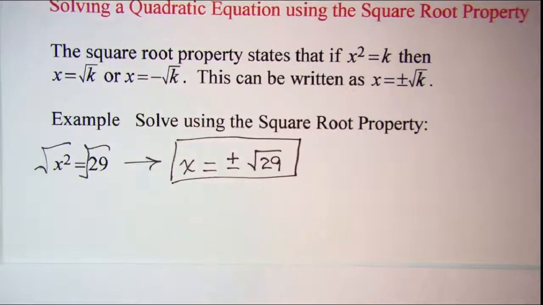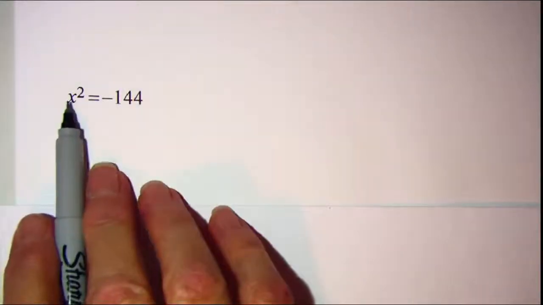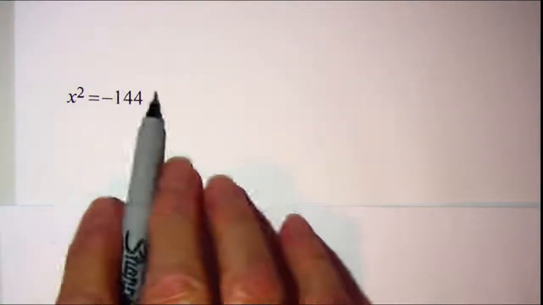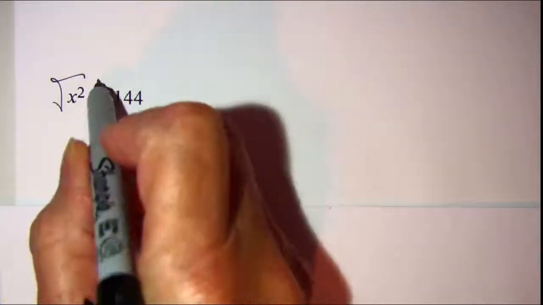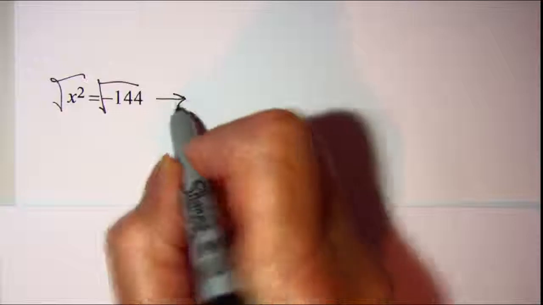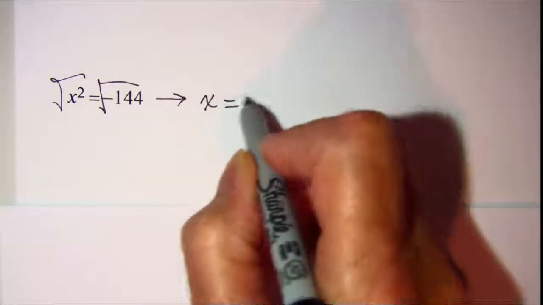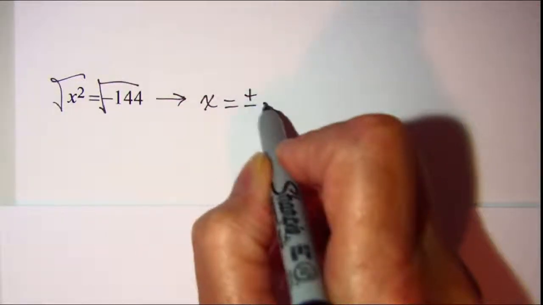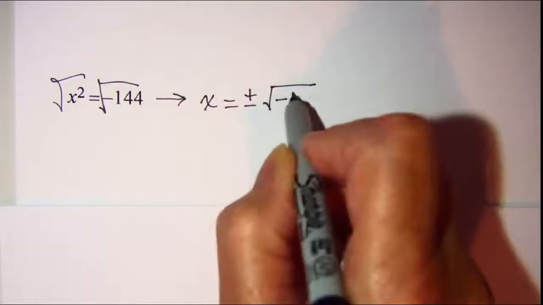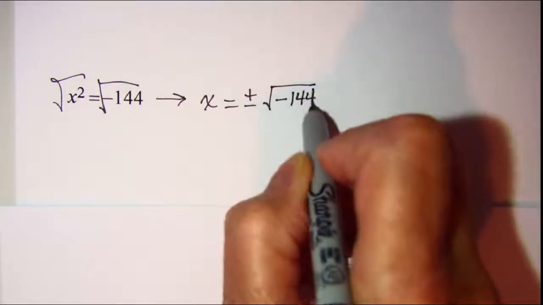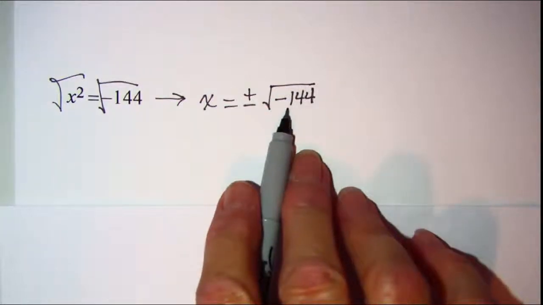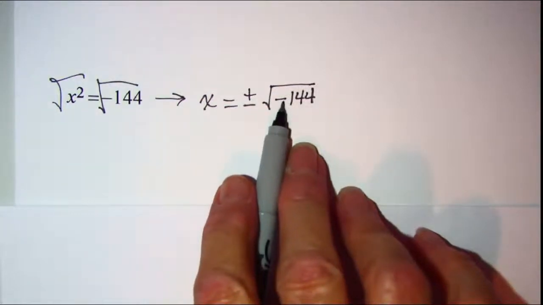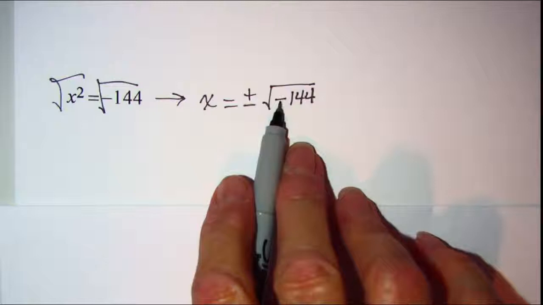Let's try another one. Again, we have x squared equaling a number, so I'm going to square root both sides, and I have x is equal to plus or minus the square root of negative 144. Now this radicand is negative, which means that I need to work in the set of complex numbers.